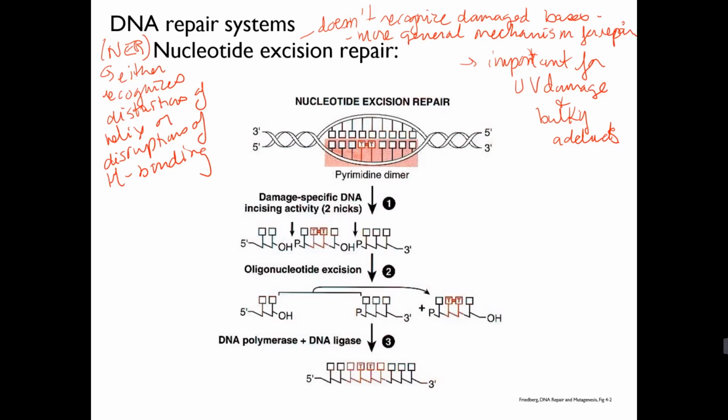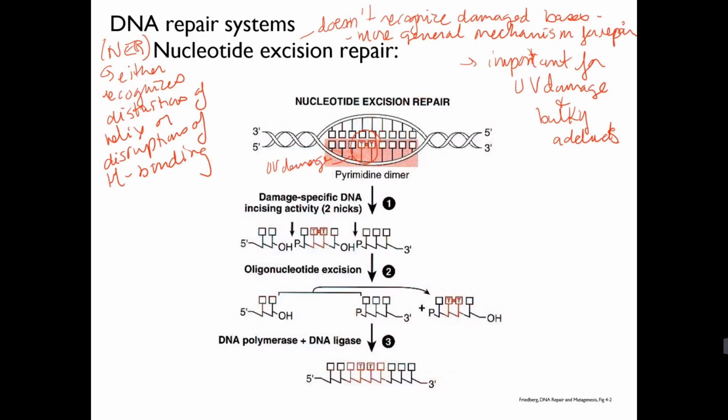This is a very broad general schematic of the steps, and the illustration is with a pyrimidine dimer that's depicted here, probably caused by UV damage. The way NER works is that the damage is first identified.